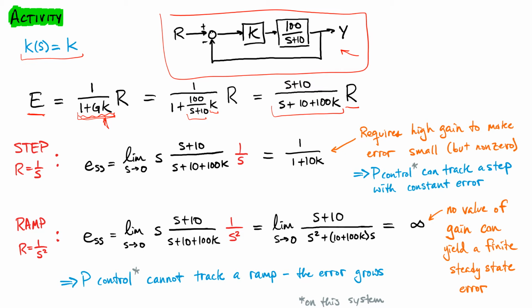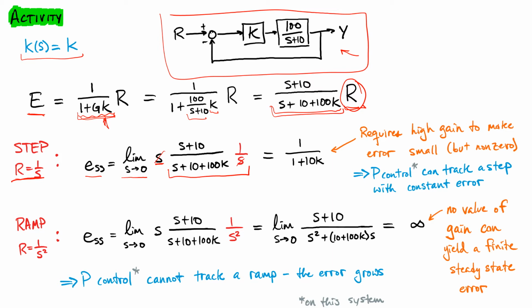So when we have a step function, then the reference over here is 1 over S. And so that means that I'm going to evaluate the steady state tracking error as the limit as S goes to 0 of that S term multiplied by what E is. And E in this case is this closed loop transfer function multiplied by the reference 1 over S. And again, in that step function case, it's super nice that these two cancel.